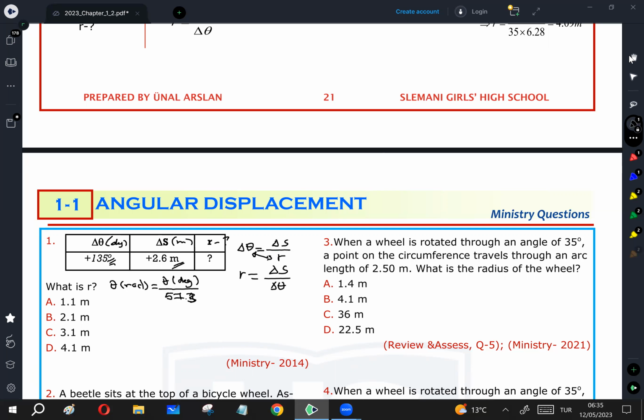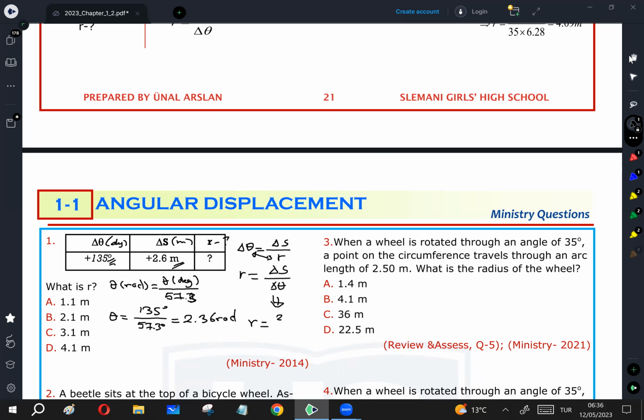So when we divide 125 degrees by 57.3 degrees, we calculate the corresponding angle in radians. 125 divided by 57.3 is going to be 2.36 radian.